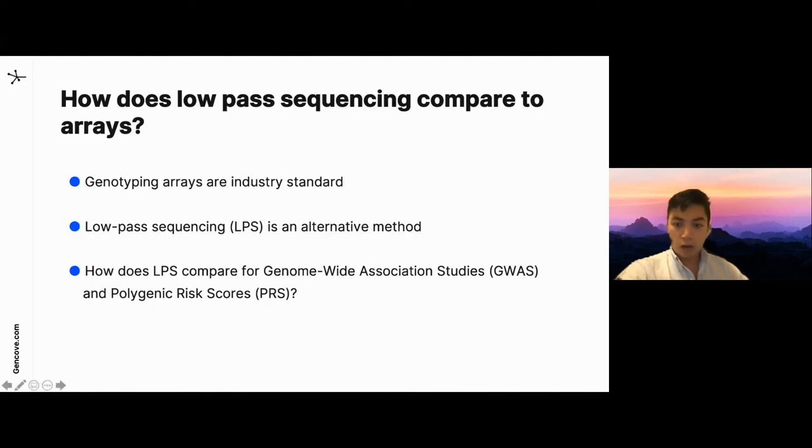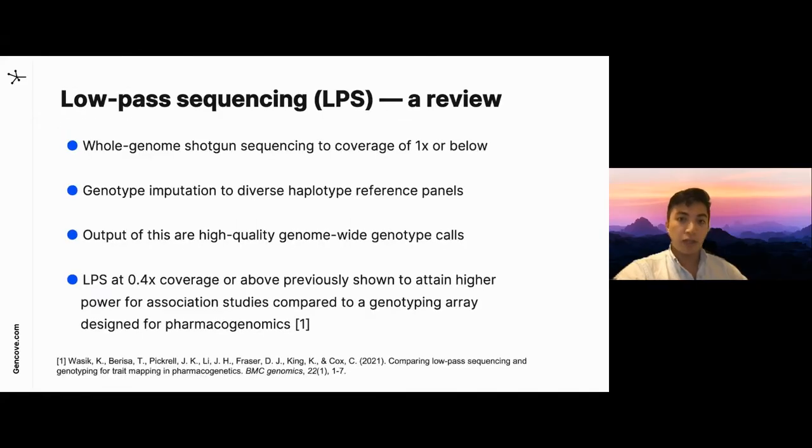And so our goal in doing this particular study was to look at how low-pass sequencing compares for genome-wide association studies in particular, and polygenic risk scores, which are two subjects in the genomics world that have been of particular interest within the last 5 to 10 years.